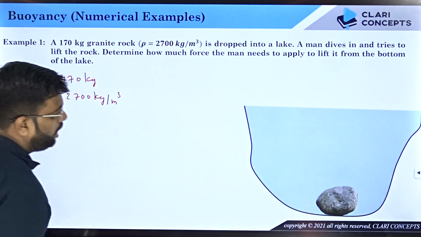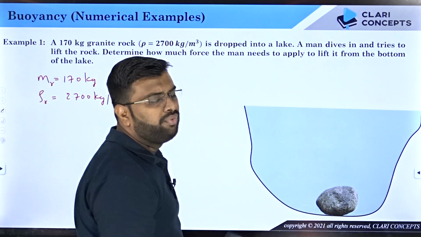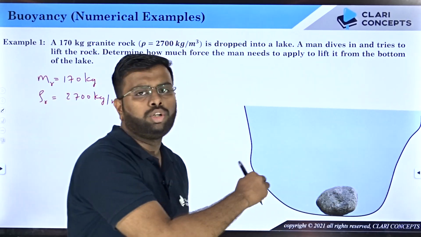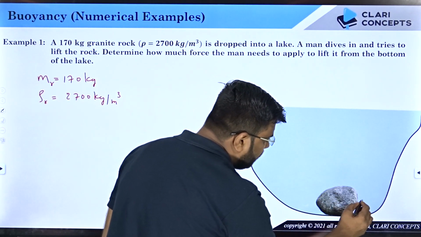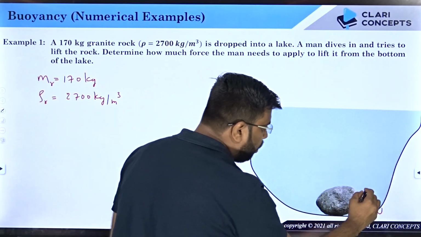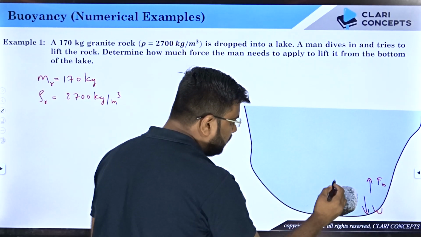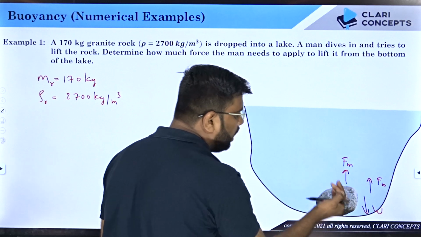This is the given data. Now, when it is dropped in the lake, a man goes in and tries to lift it up. The question is how much force the man has to apply on this rock. Right now the weight of the rock acts downward. Because it is in the fluid, the buoyancy force acts upward. Let the force applied by the man be Fm, also upward.